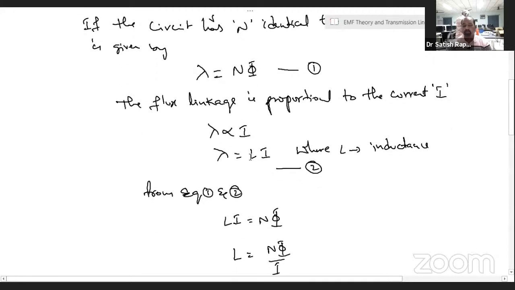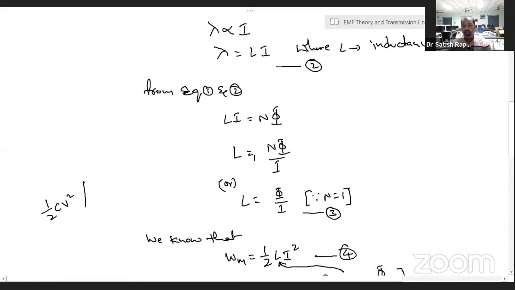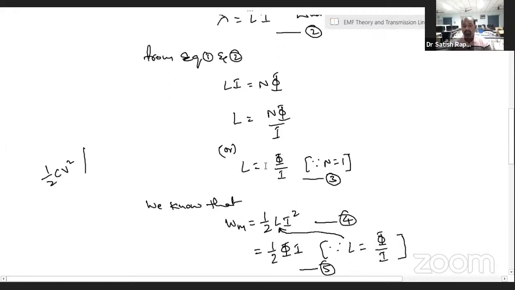Lambda is equal to Li, where L is inductance. Equating equations 1 and 2, we get inductance L equal to n psi by I. For a single turn, L is equal to psi by I.